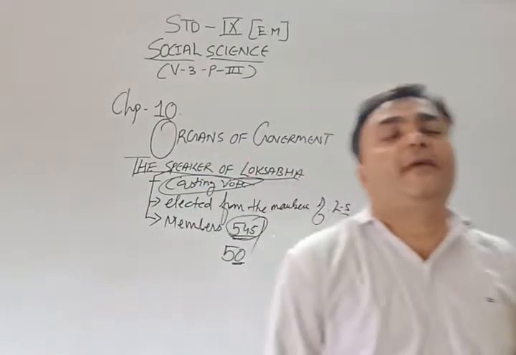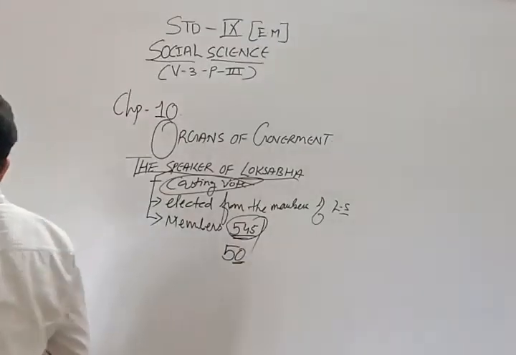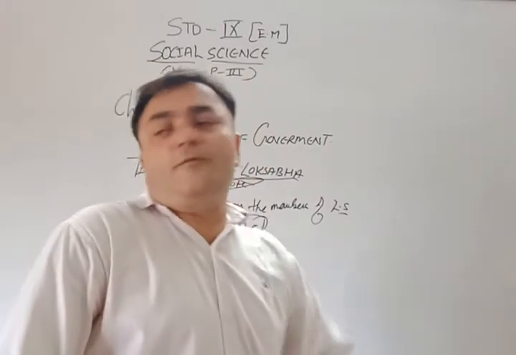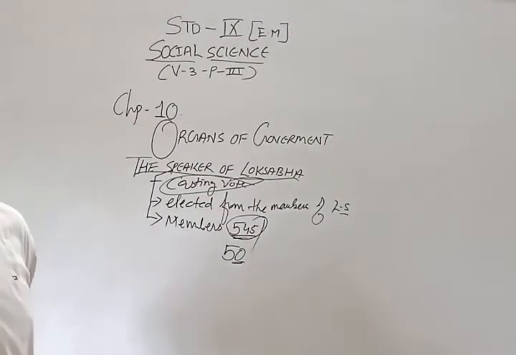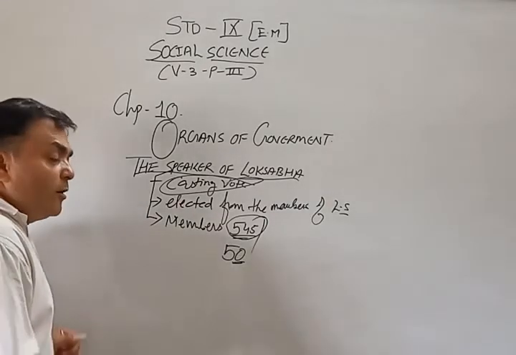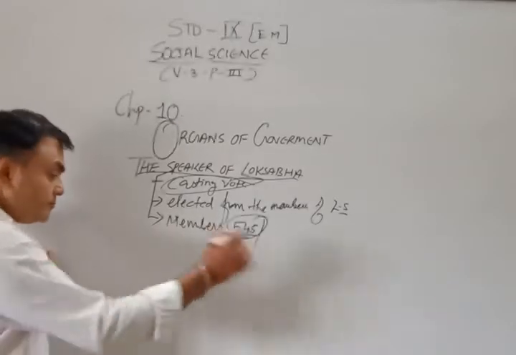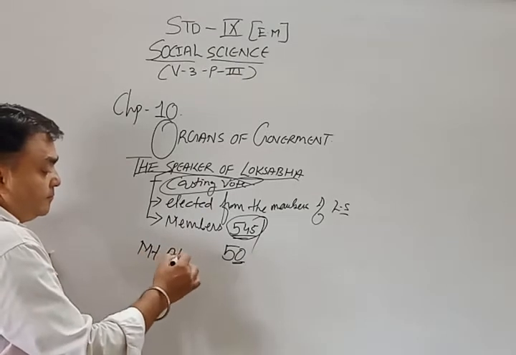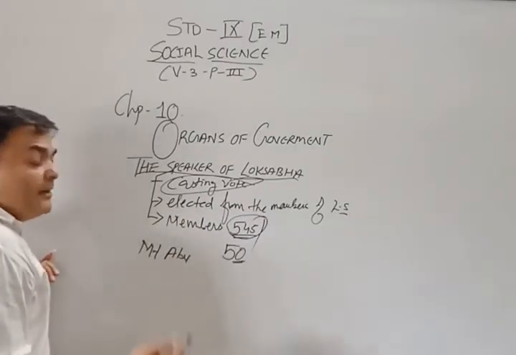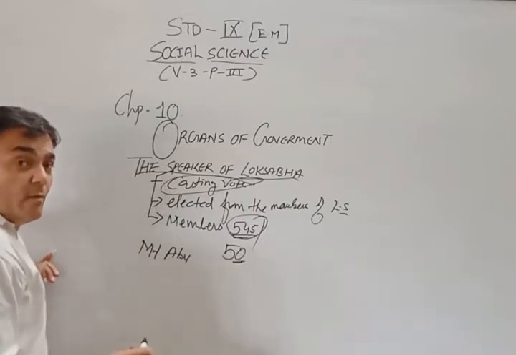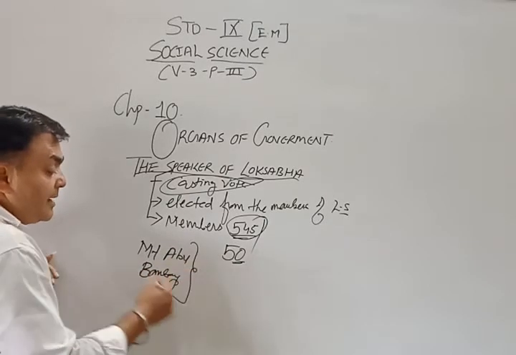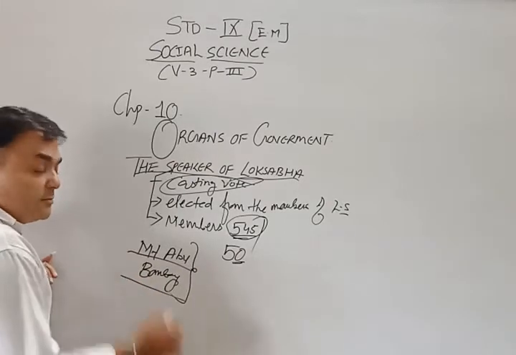For example, if any problem arises in your class and there is a reaction to it. Say you are fond of going for a picnic, tour, or visit to other places. Somebody says we will go to Mount Abu. Somebody will say no, we don't want to go to Mount Abu, we want to go to Bombay. Now two options are there: Mount Abu, Bombay.